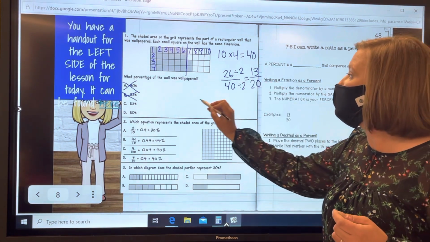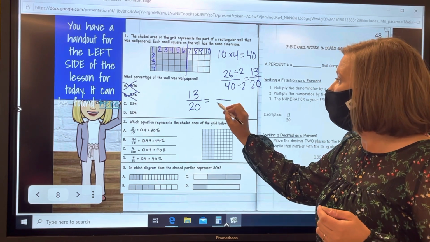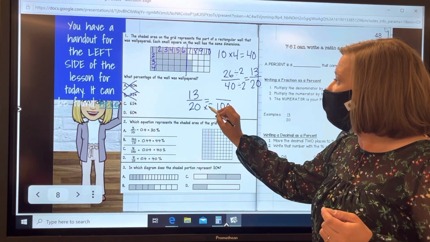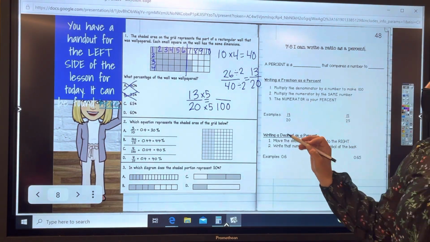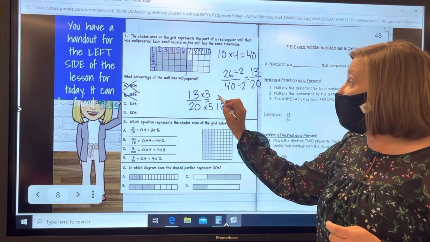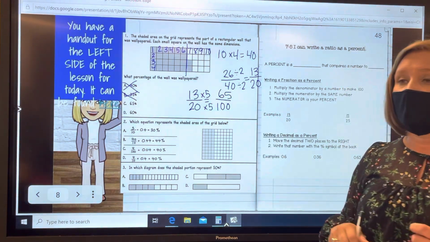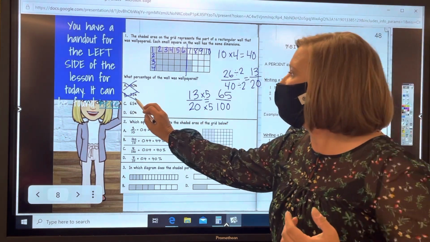Can I change 20 to 100? Yes. What do I multiply by? 5. 13 times 5 is 65. So what percentage is wallpapered? 65.